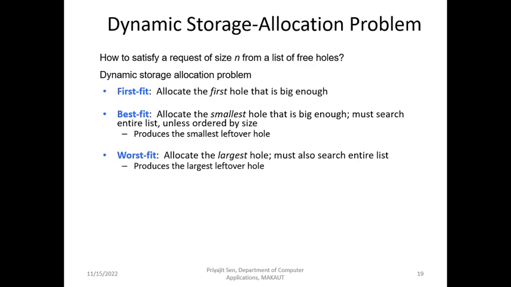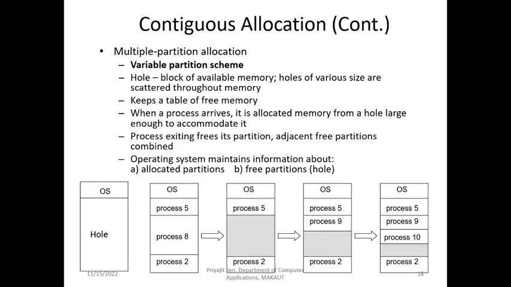First fit means, suppose you have 5 processes and you are going to store them one by one in memory locations. The first fit will say that if the first cell is free, you just keep the process in that particular location.